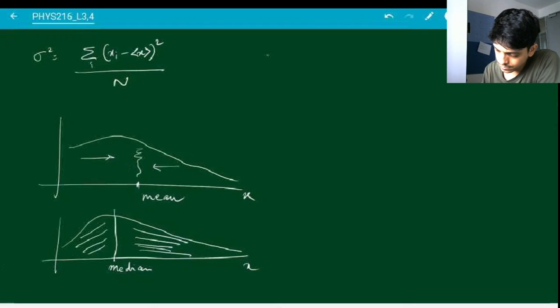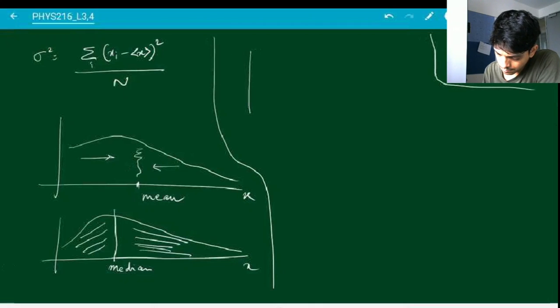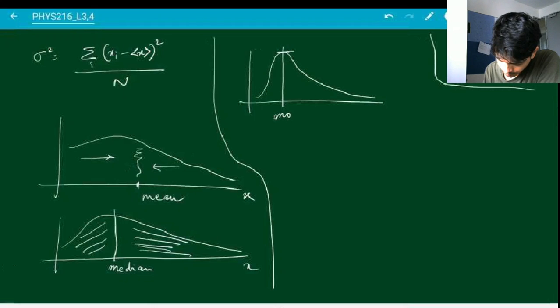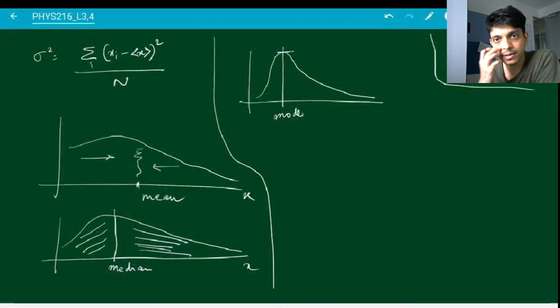And then the third quantity that you can talk about is the mode. Mode just tells you where the peak of your distribution is, or the most frequent value of x. So these three tell you three very different things about your distribution.